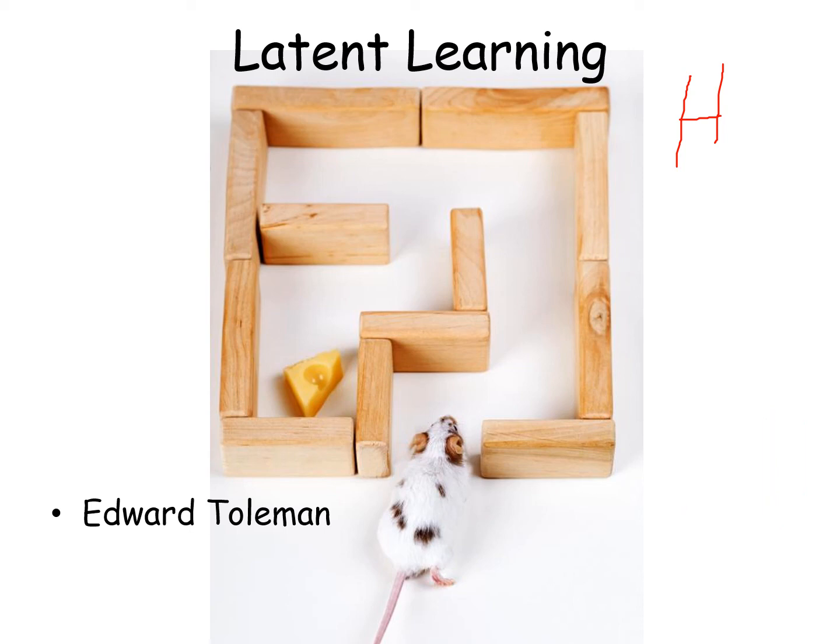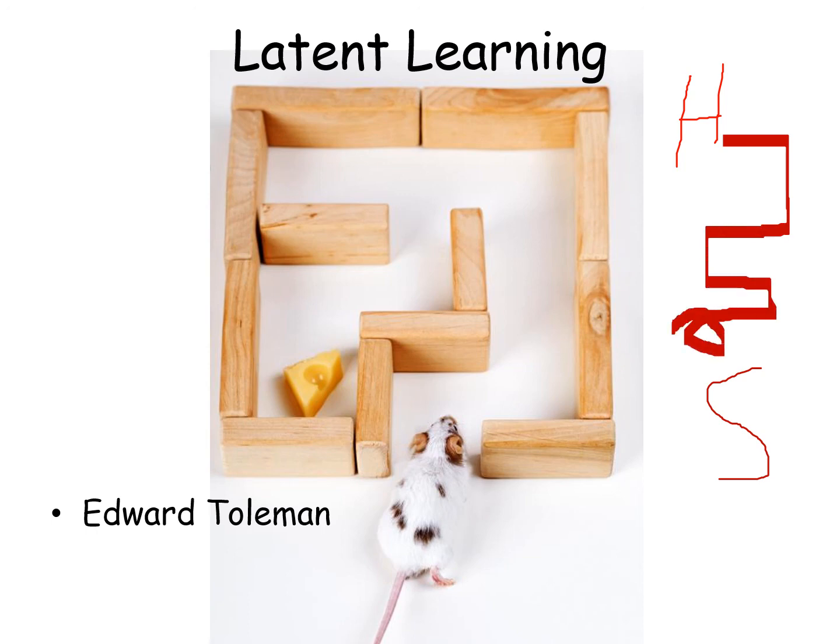To get from your house to the school, you got to do all sorts of stuff. You got to go here, take a left, take a right, do a little swirly, and then you're at school.